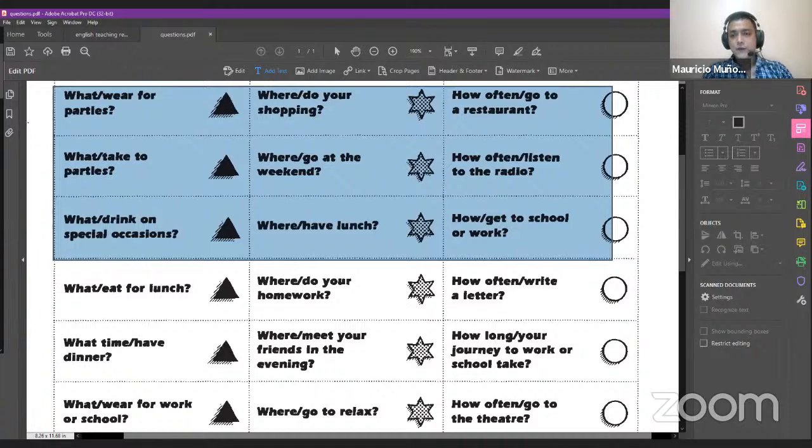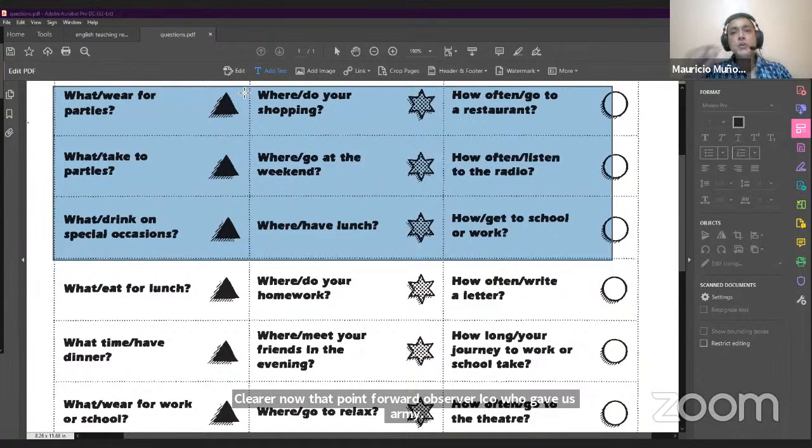Okay? For this activity, you will have 3 minutes. 3 minutos. 3 minutes. Okay? No escriba nada, por favor. Observe y conjugue las preguntas. Ármelas, complételas. El sujeto que vamos a trabajar para las 9 va a ser you.